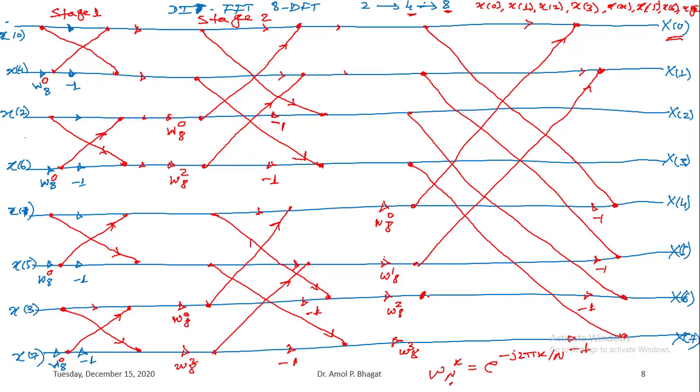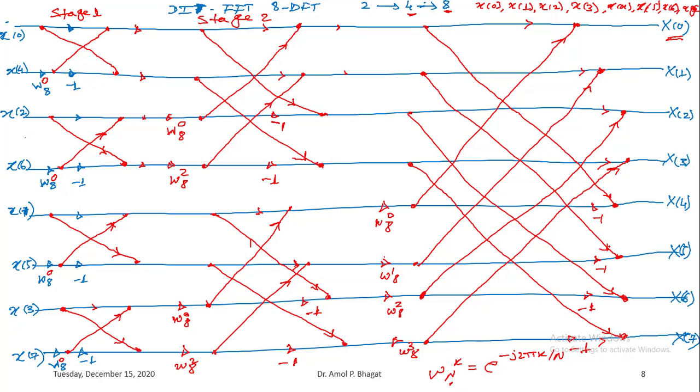Then here you will get the x of 2 value, and here the x of 3 value. Here you will get x of 4, here x of 5, here x of 6, and finally here x of 7. So likewise this is the butterfly diagram for the 8-point DFT.